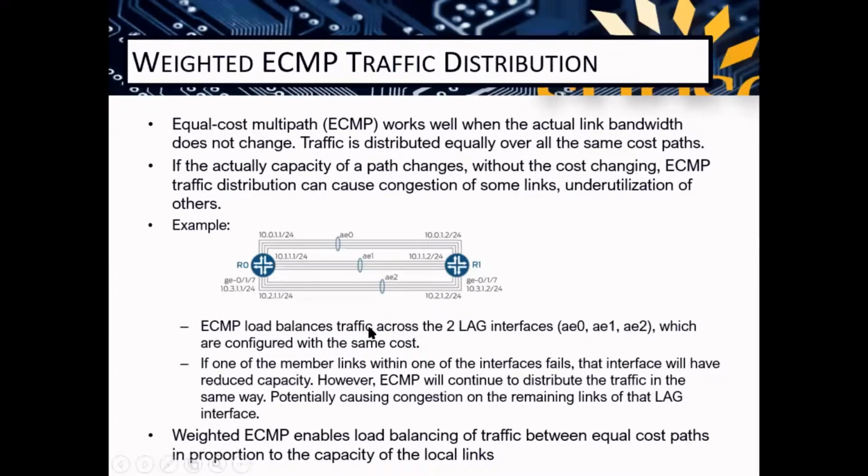So I need to make sure that the load balancing process can see that AE0 now has less bandwidth than AE1 and AE2, and then distribute the traffic accordingly. So that's when I enable weighted ECMP.